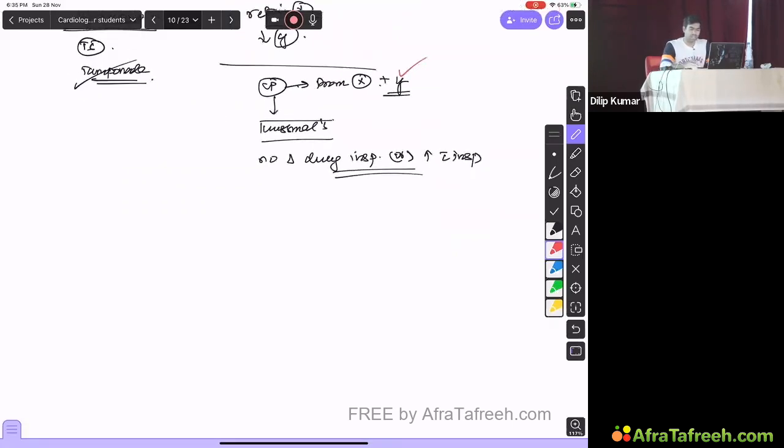But why is there no change during inspiration, or why is the JVP increasing during inspiration? One simple explanation that is given is that in constrictive pericarditis, the rigid pericardium will not allow the pressure changes during respiration to get transmitted into the ventricles. That is the simple explanation, because there are a lot of other explanations.